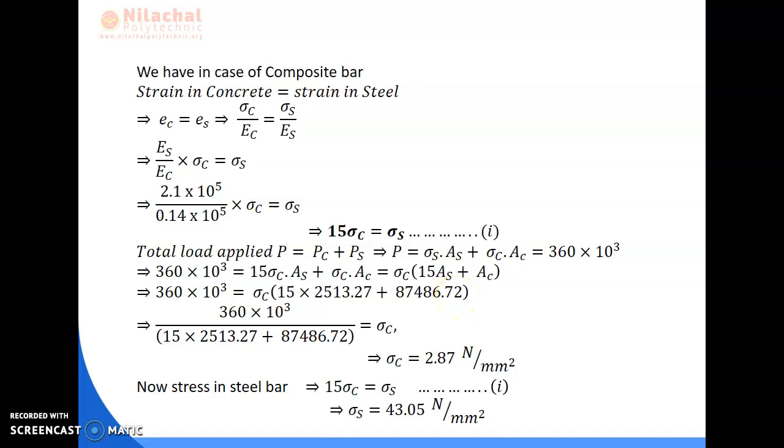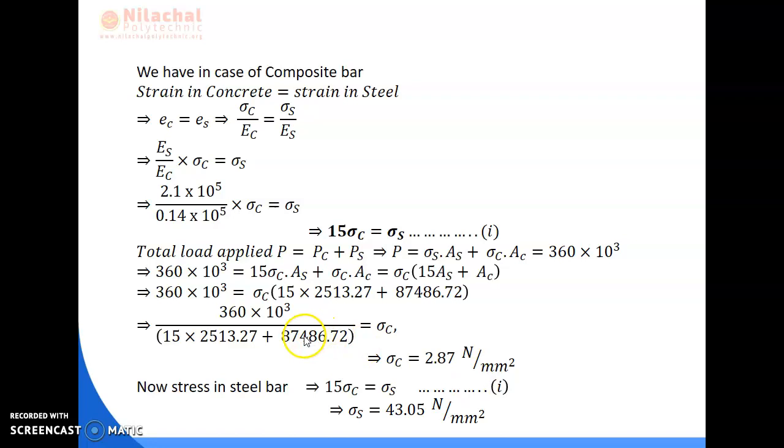Now we are going to find sigma C. Taking the bracket to the other side, it becomes the denominator. Sigma C is equal to 360 into 10 to the power 3 divided by 15 into 2513.27 plus 87486.7. That is sigma C is equal to 2.87 Newton per mm square.